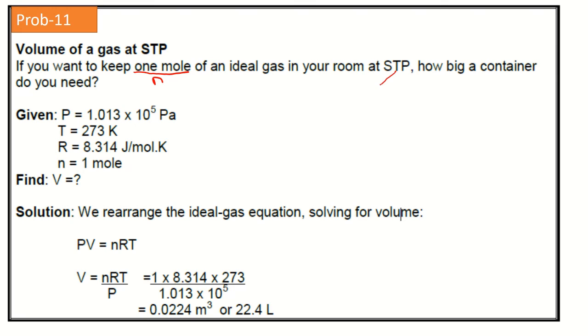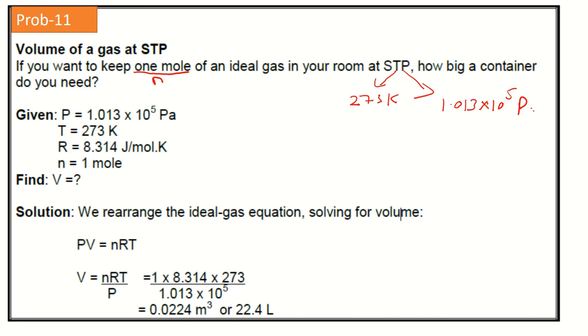The temperature value you have to take is 273 Kelvin, and the pressure value you have to take for the gas is 1.013 into 10 to the power 5 Pascal.